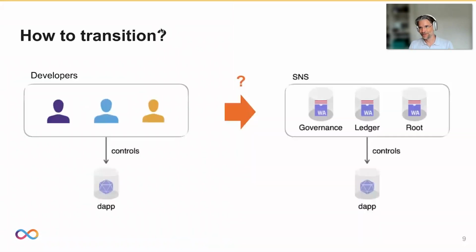The big problem is really how do you transition from a project where developers are controlling a DApp, or an app at that point, into this world of a DAO-controlled autonomous application, or actually a DApp at that point. And it's a problem that every project is going to face. And we felt it was important to include a solution to this process as part of the actual first release of the SNS.